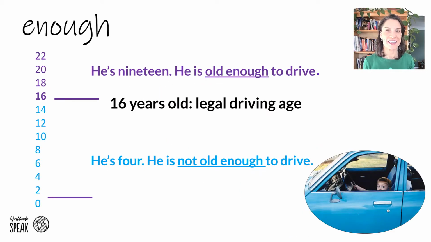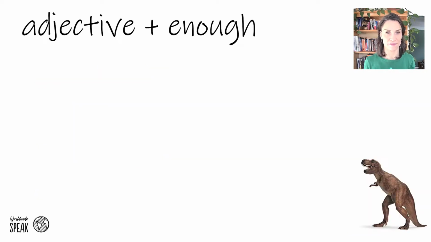So imagine that we're looking at a chart like this. Okay, you need to be 16. This is the limit when you can get a driver's license. If you are under this age, we can say you are not old enough. If you are at this age or higher, you are old enough to drive a car.